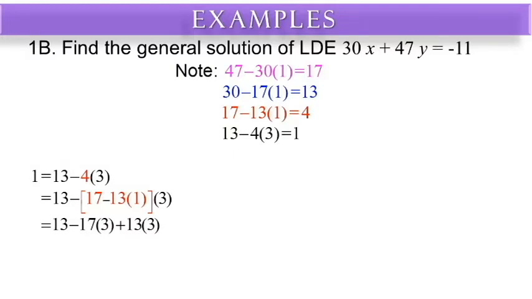So substitute our 4. So we have equals 13 minus the quantity 17 minus 13 times 1, times 3, equals 13 minus, so negative times 17, that would be minus 17, and we have 3 times 17, so we have 13 minus 17 times 3 plus, the negative sign times the negative sign, that would be positive.